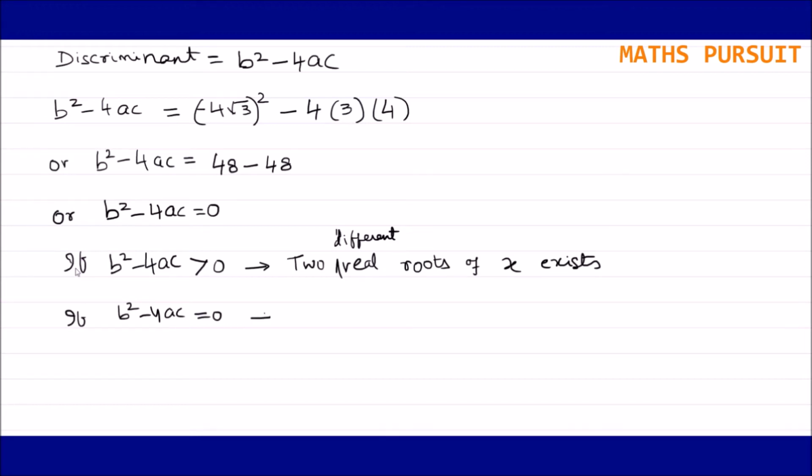When b² − 4ac is equal to 0, two same real roots exist.